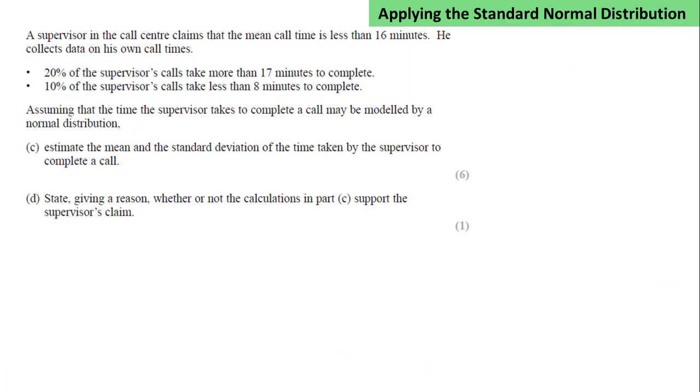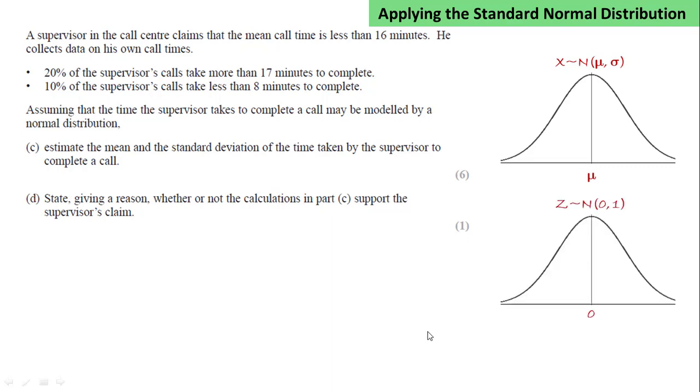Okay, the next part of the question. The supervisor in the call centre claims the mean is less than 16 minutes and he collects his own data. So for him, the distribution of calls, we don't know the mean or the standard deviation, but we do know that 20% of the calls take 17 minutes or more to complete, and 10% of the calls take 8 minutes or less to complete.